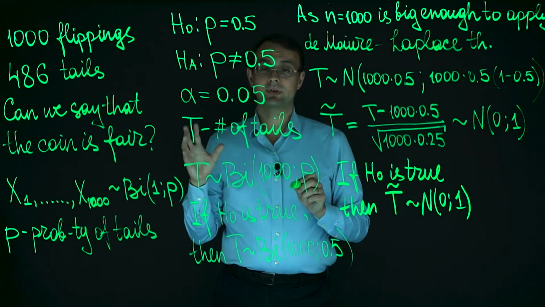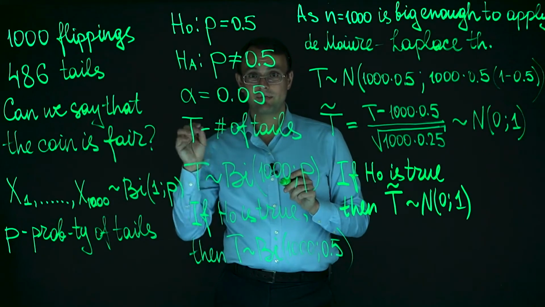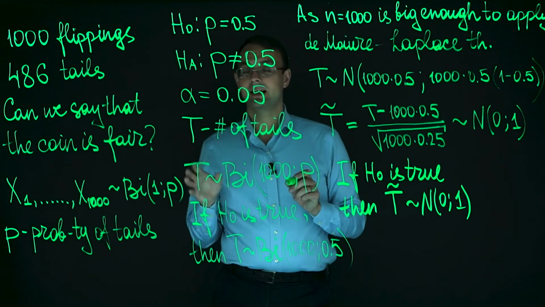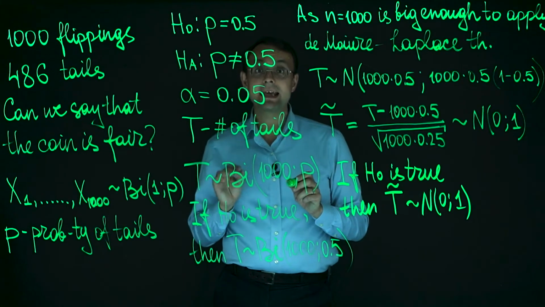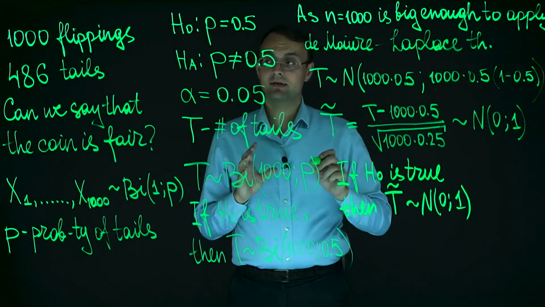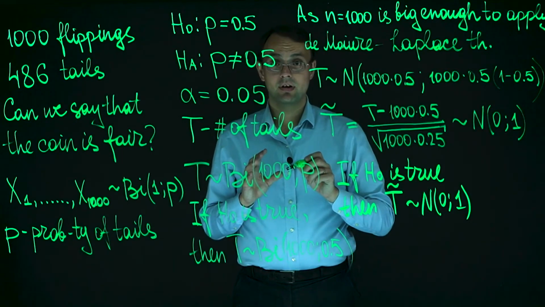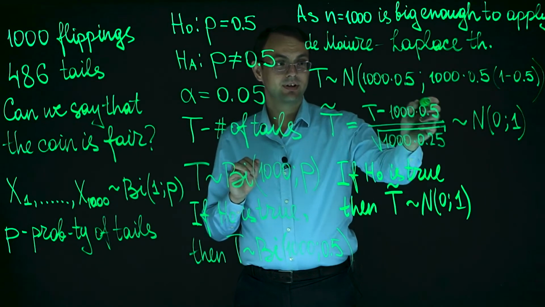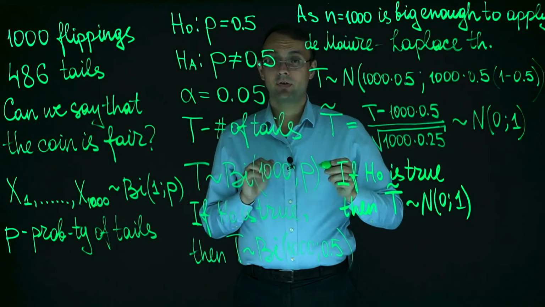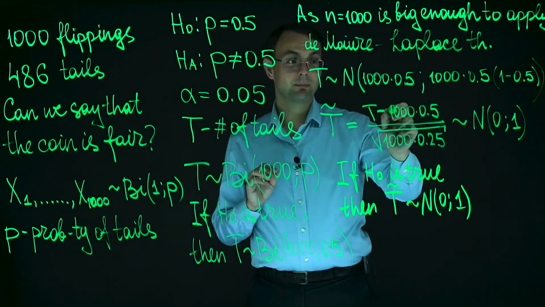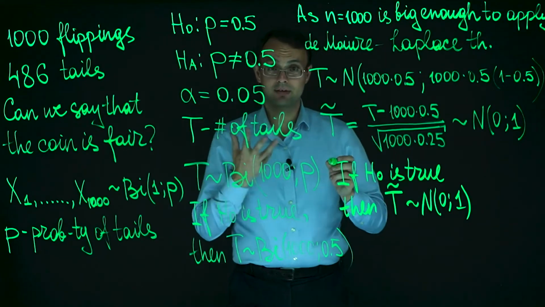If, for example, this is a very unfair coin and the probability of getting tails is 0.8, the average number of tails will be 800, and the average difference here will be approximately 800 minus 500, 300.